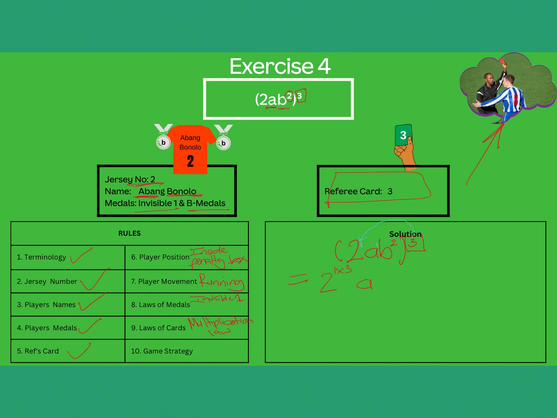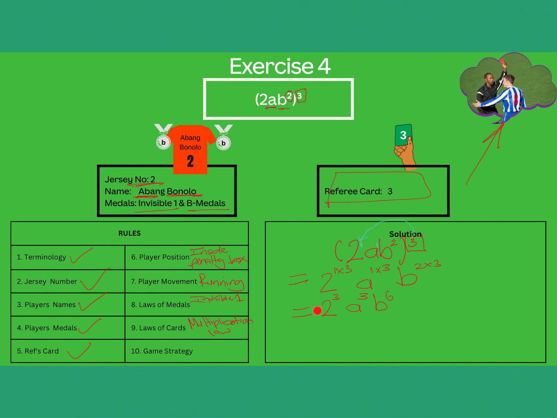Abang, 1 times 3 at the top. And Bonolo, 2 times 3 at the top. So the card multiplies all the medals inside. And we can further say 2 to the power 3, A to the power 3, and B to the power 6, 2 times 3.